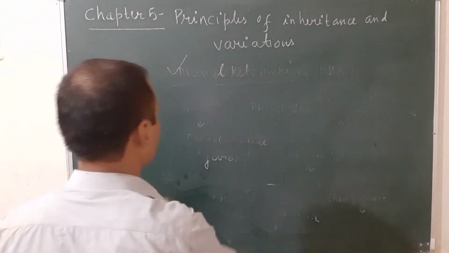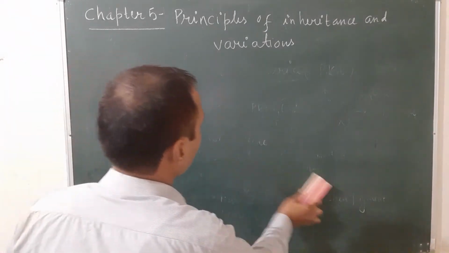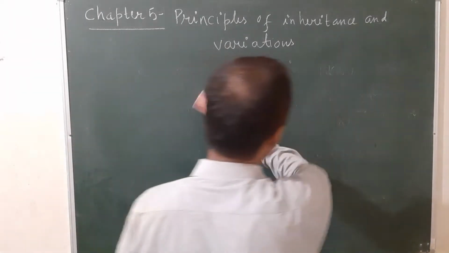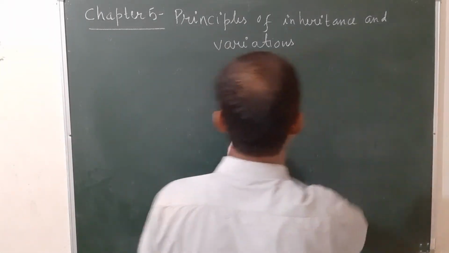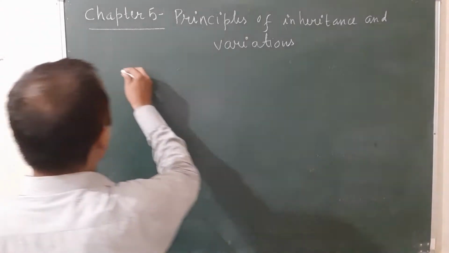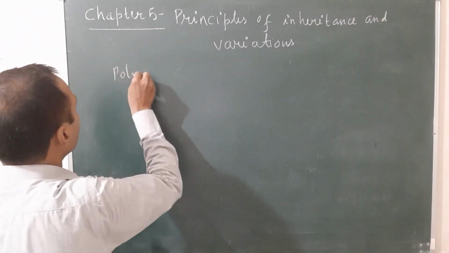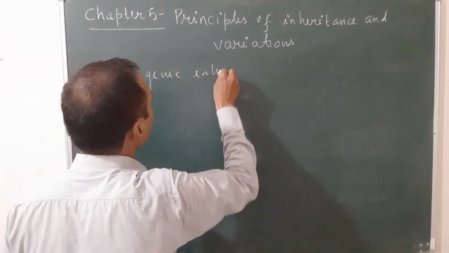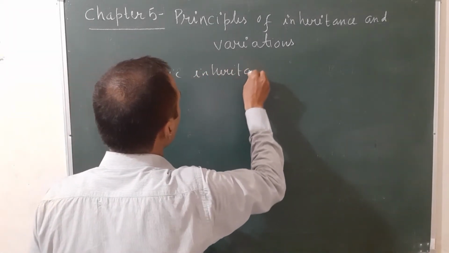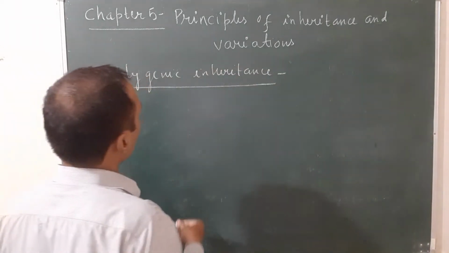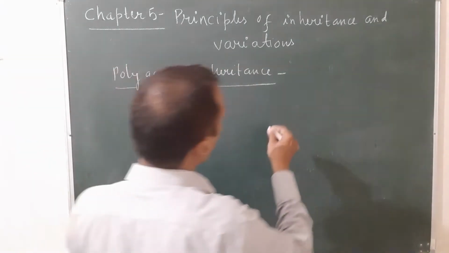Polygenic inheritance. This is also a new topic in your NCERT book. You have to read well. It is given on page number 34 in your NCERT book. You have to know first the meaning of this word.